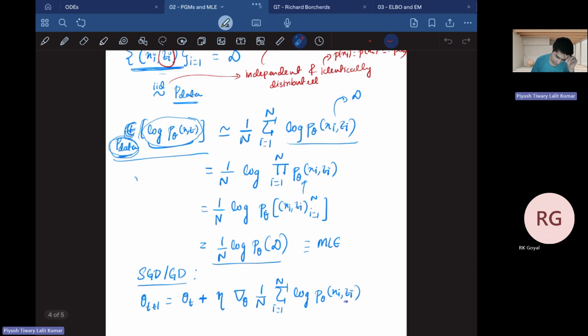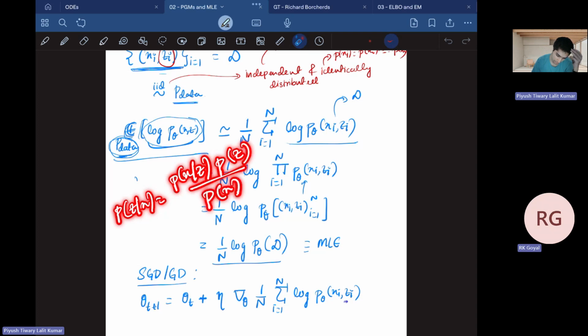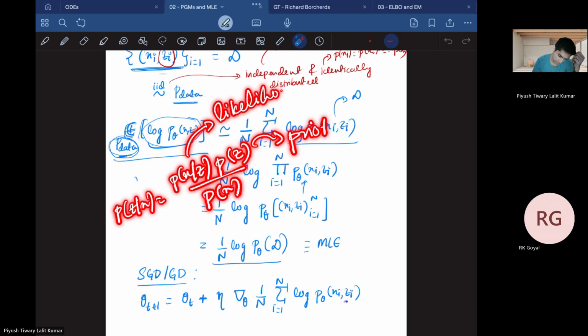In Bayes rule, you have P of z given x is equal to P of x given z into P of z upon P of x. This term is called a prior, this term is called likelihood, and this term is evidence or partition function, something like that.